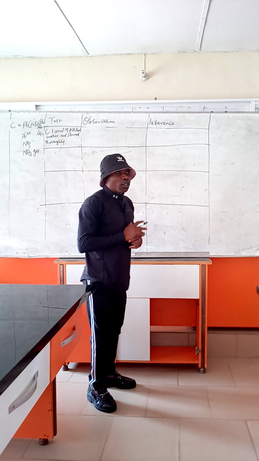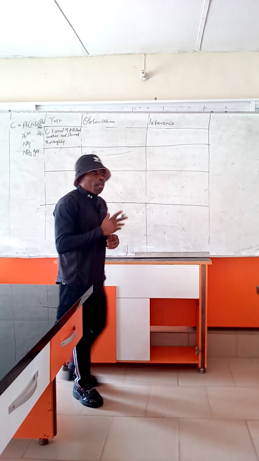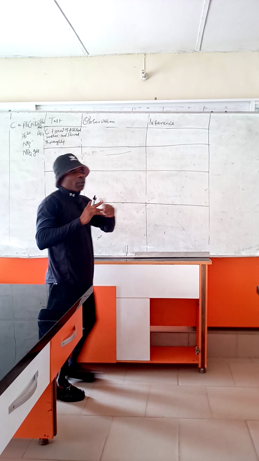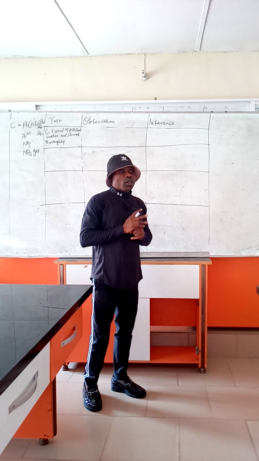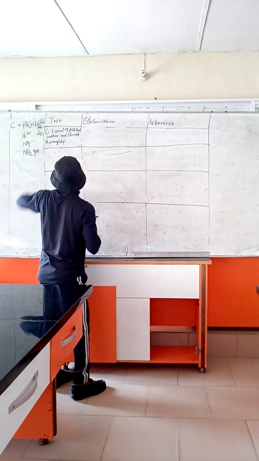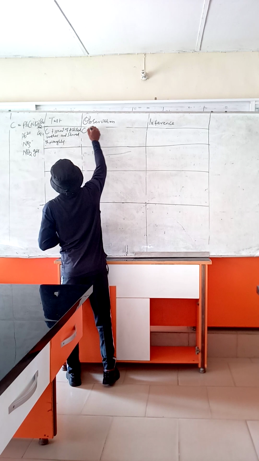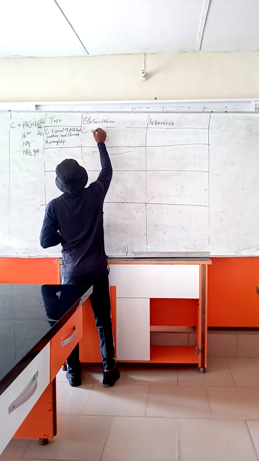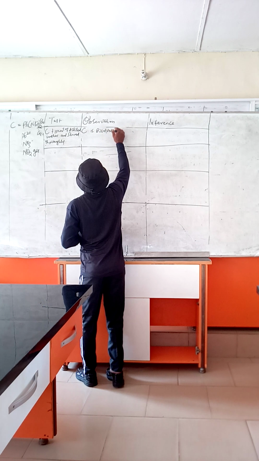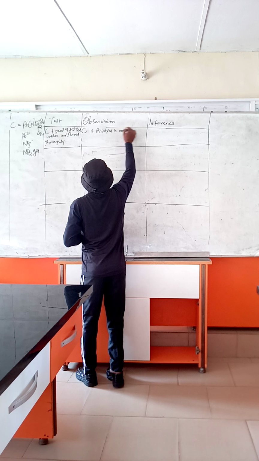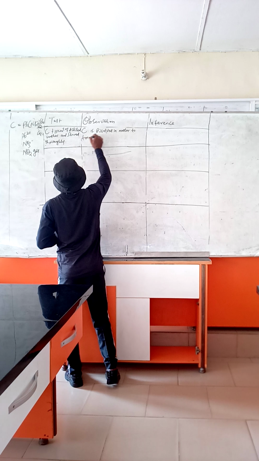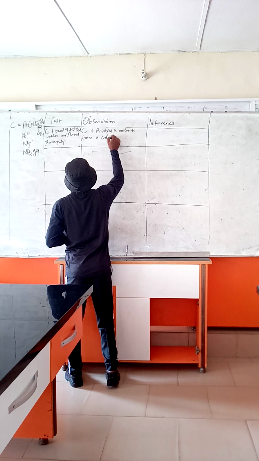Now, with our knowledge of practical chemistry, you could believe that all trioxonitrate 5 salts are soluble in water. Now, since lead 2 trioxonitrate 5 is a trioxonitrate 5 salt, it means C dissolves in water to form a colorless solution.